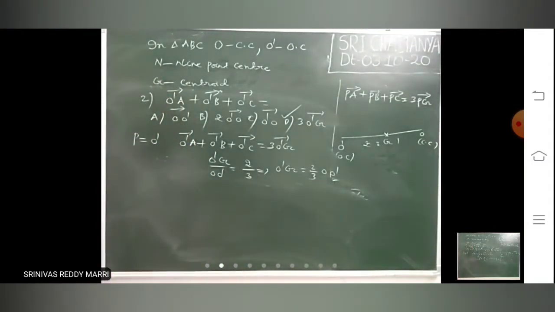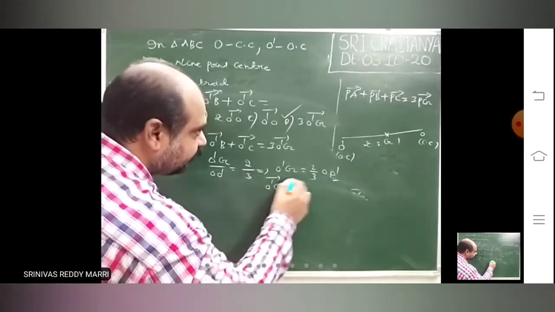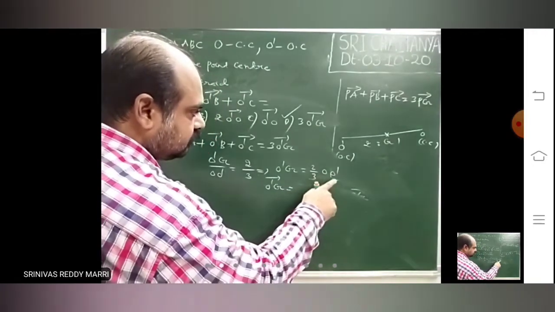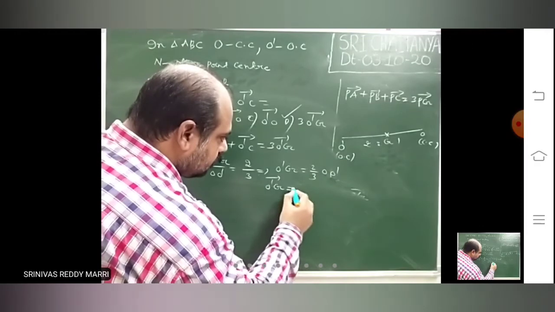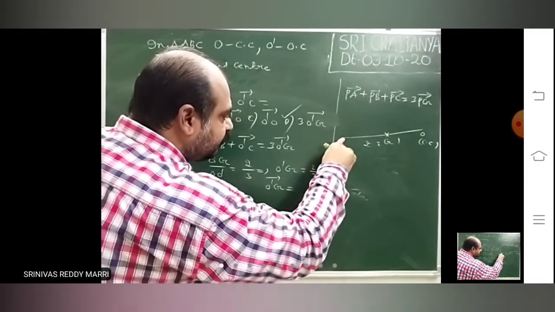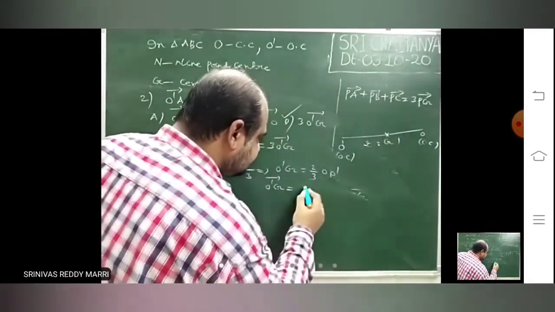Now if you are writing the vectors, O dash G bar is in this direction. O dash O is in this direction.